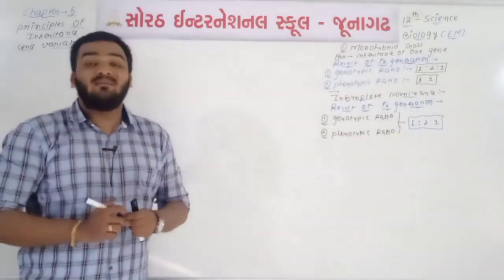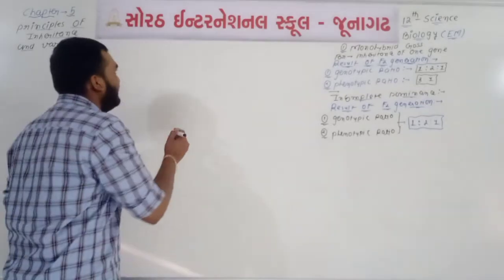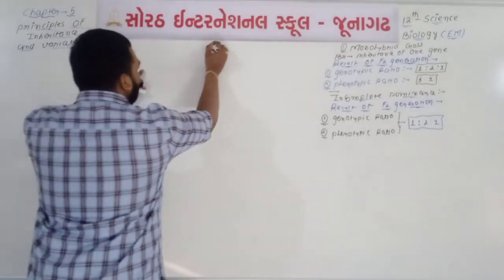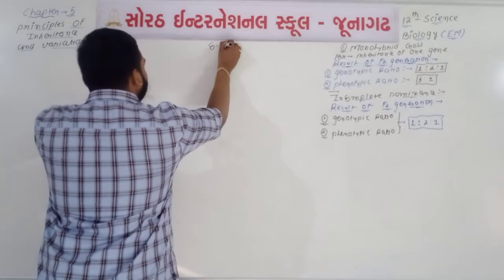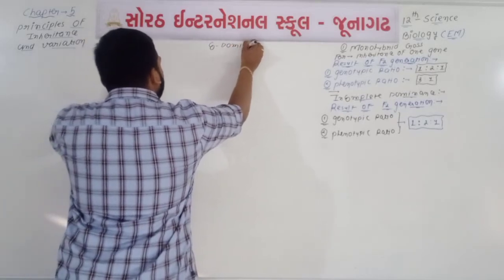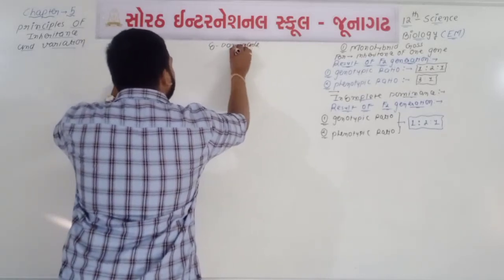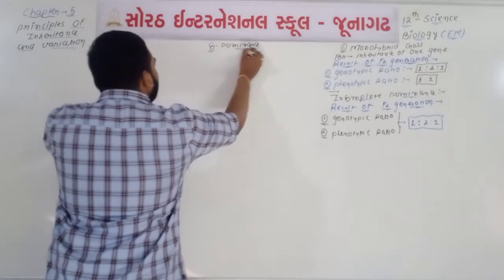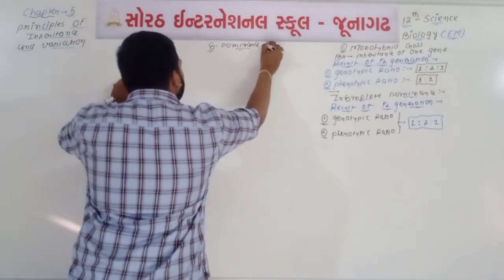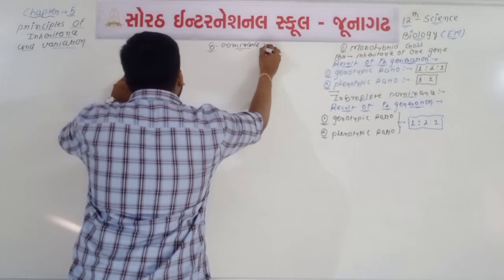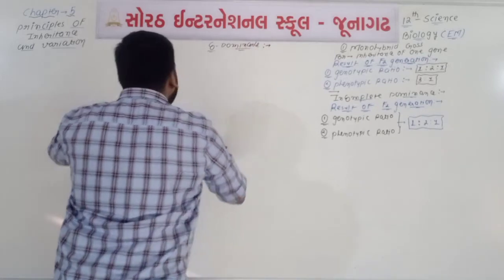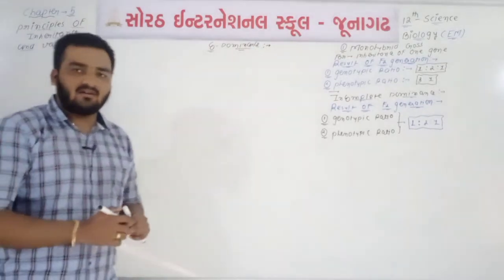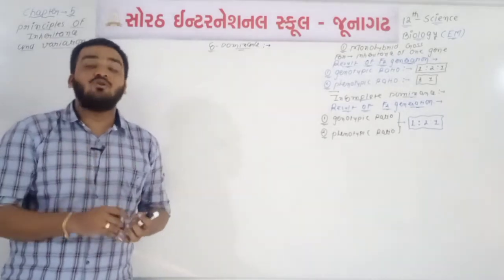Now what about codominance? In the case of codominance, in the filial generations, the characters of both parents are observed.